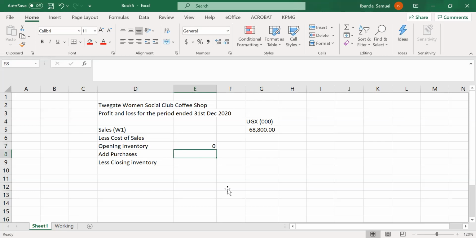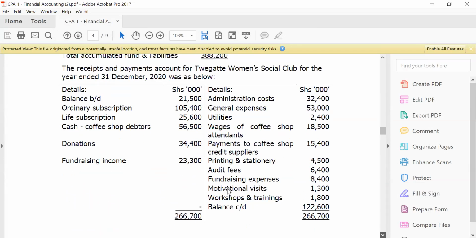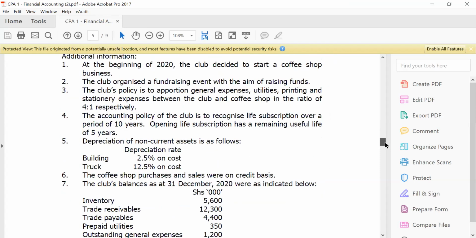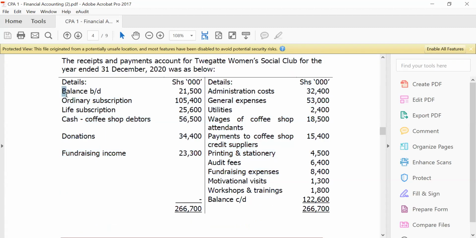Add the purchases. In the same way, I'll go and look for my purchases. My purchases will either be in the receipts and payments, or in the additional information. So let's look in the receipts and payments. Purchases will definitely be on this side because cash is moving out, so I would expect to find them on the credit side.